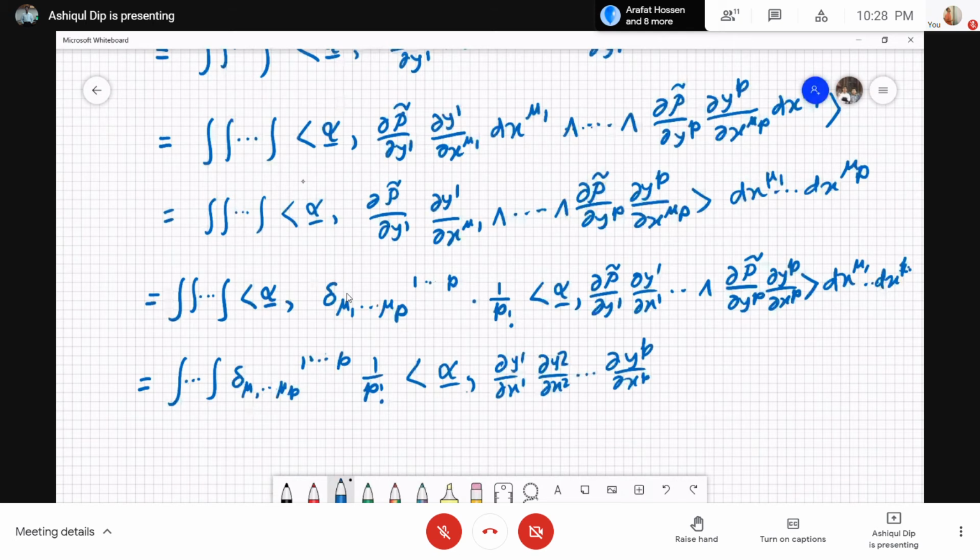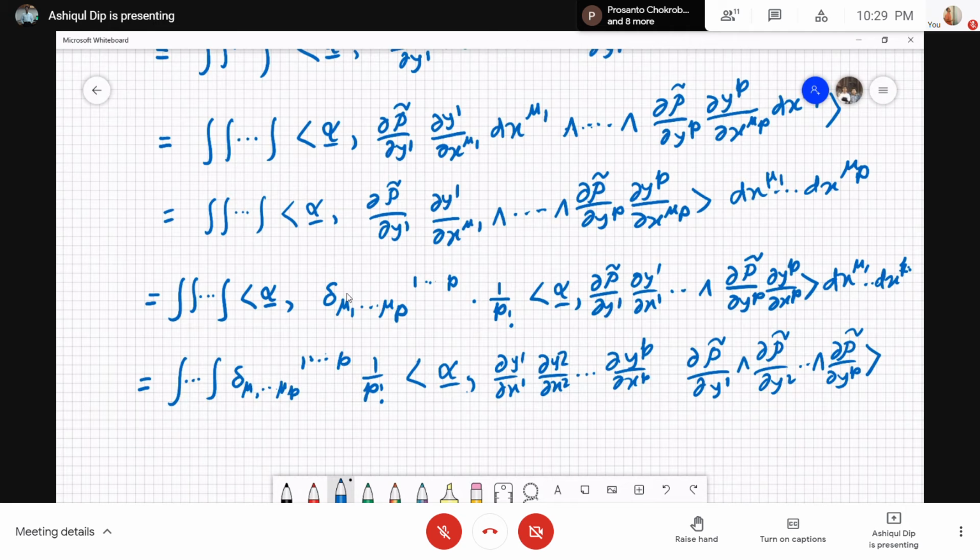Then I have delta p tilde by delta y1, wedge delta p tilde by delta y2, and so on, delta p tilde by delta yp. Is it yp or xp? Oh, yp. Yes, yp.